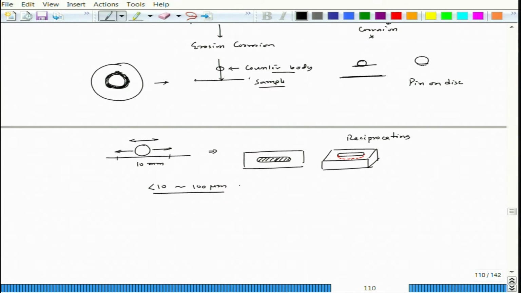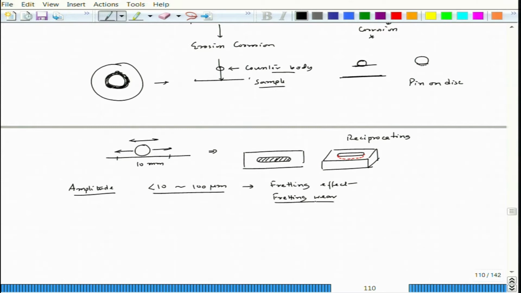That time this is the amplitude of that counter body movement, and that will come under the heading of fretting effect, and the wear we call fretting wear.